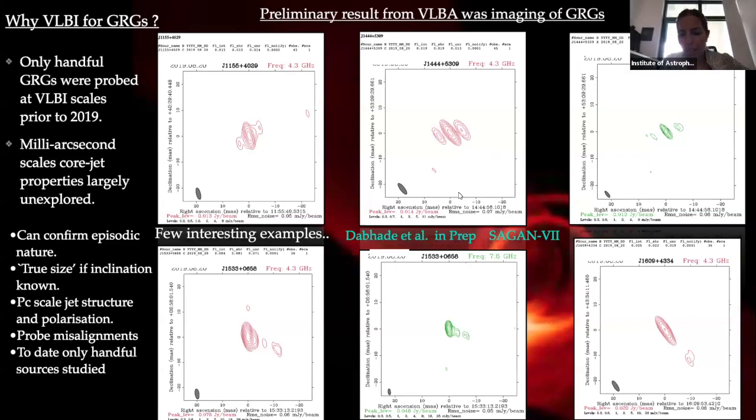Well, you know that there are also these compact symmetric objects, CSOs. Yes, some CSOs are giants. Some CSOs have been shown to be, yes, so there is a link, a connection, but very few. There are very few examples. So we need to bring all the samples together and study them.